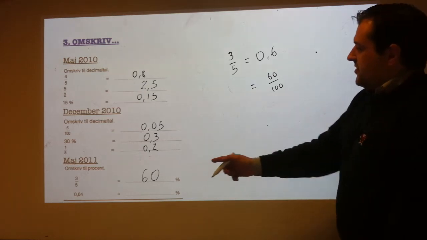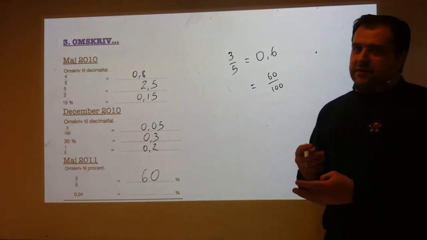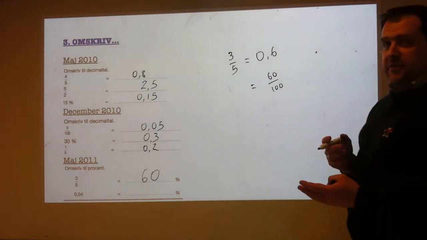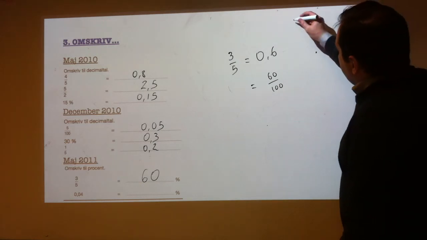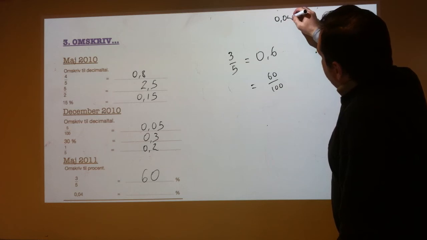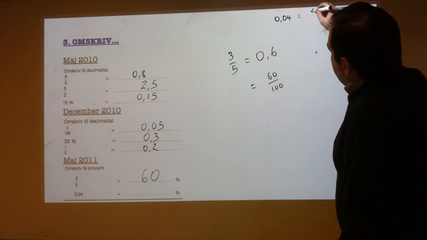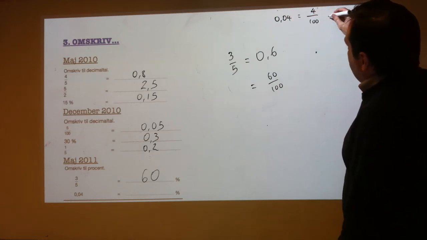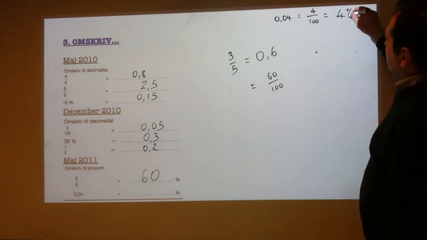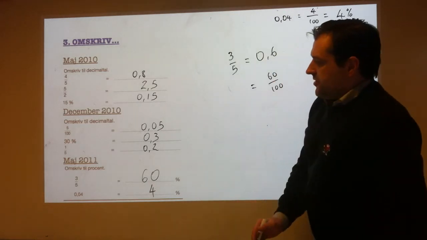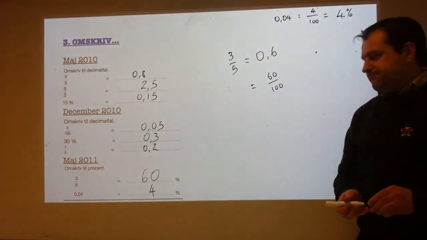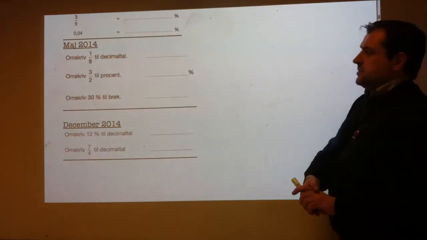And then 0.04, again, converting decimal to percent is just a question of multiplying by 100. 0.04 is the same as 4/100ths, which is 4%. So I just multiply the number by 100.